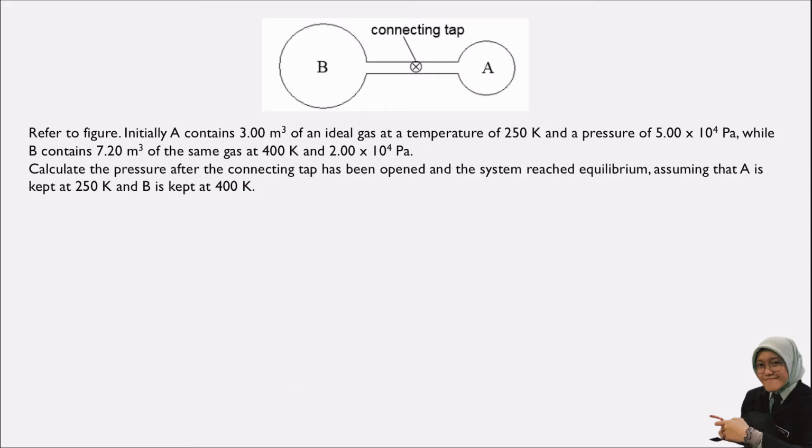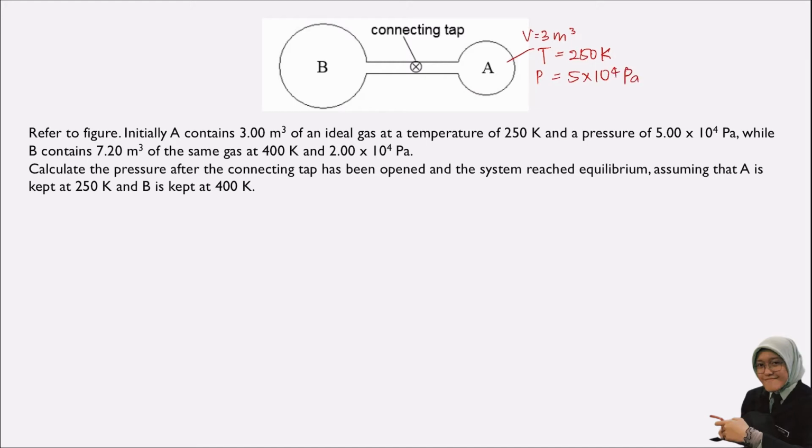So next is this question. Refer to the figure. Initially A contains a volume of 3 meter cube of an ideal gas at a temperature T equals 250 Kelvin and a pressure P equals 5 times 10 power of 4 Pascal.